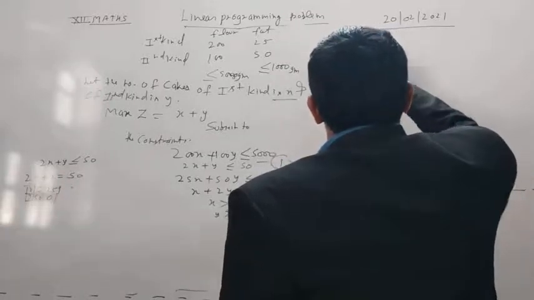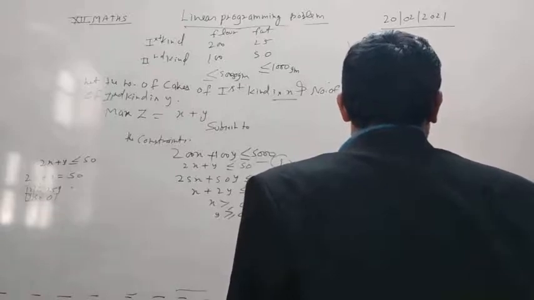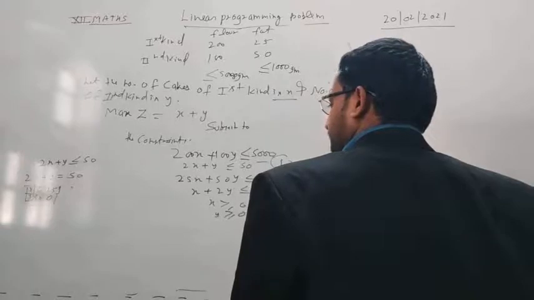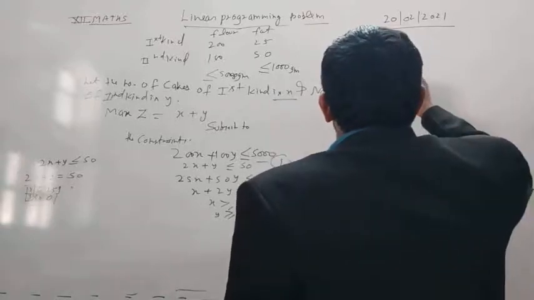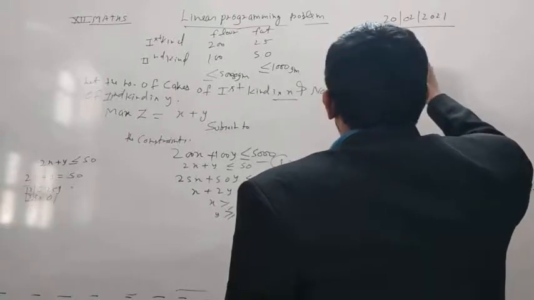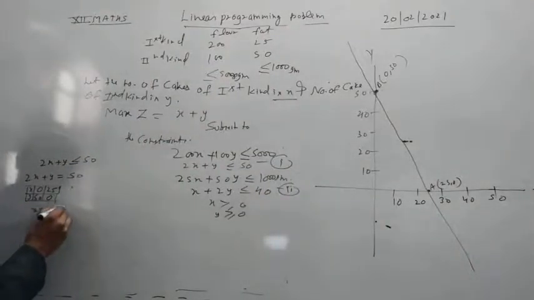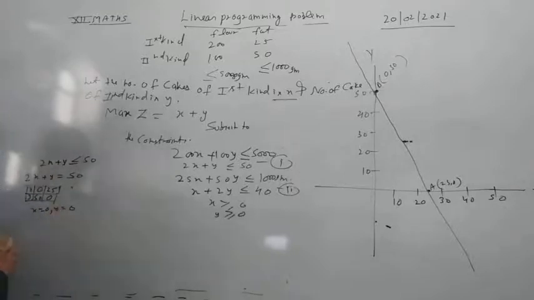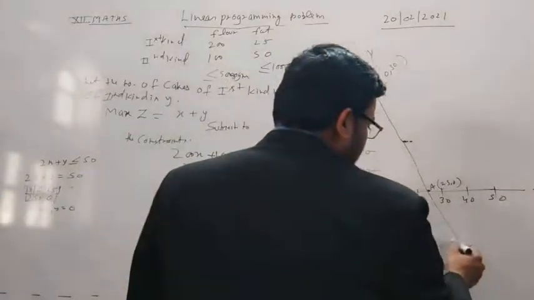Now we draw the graph of this line, which passes through A, which is (25, 0), and B, which is (0, 50). When we put x is 0, y is 0, the origin satisfies the inequality, so its solution region will be inside this, like this.